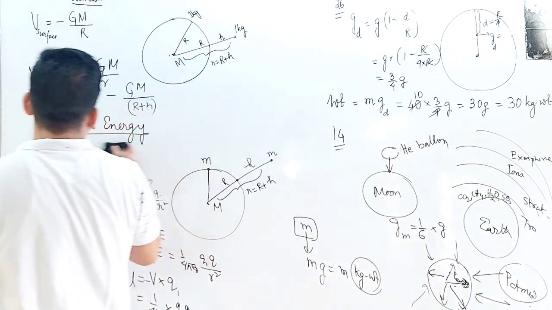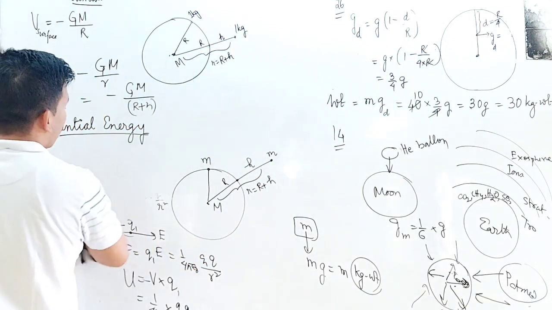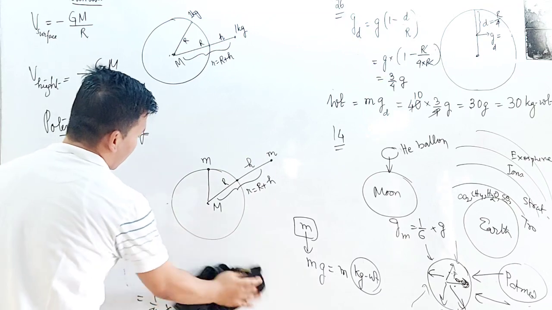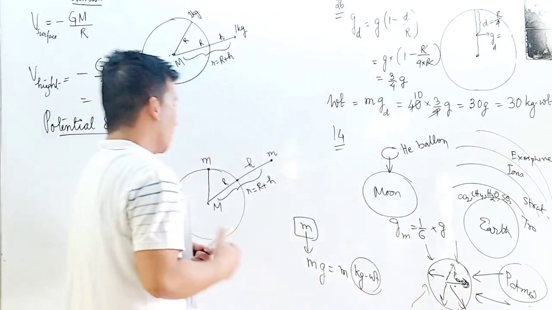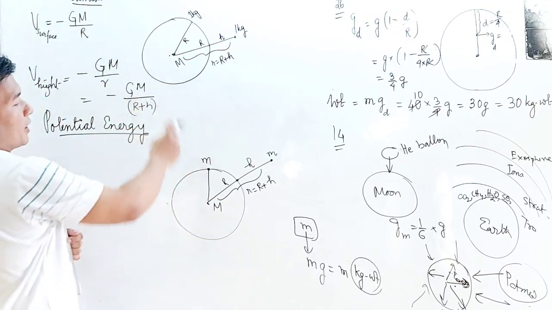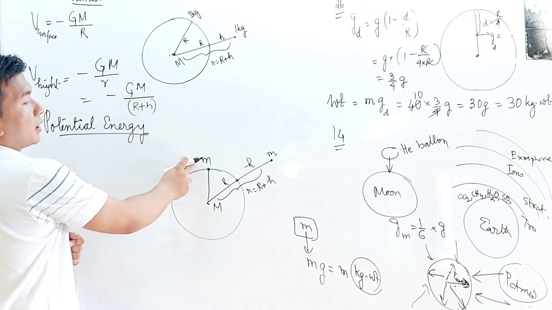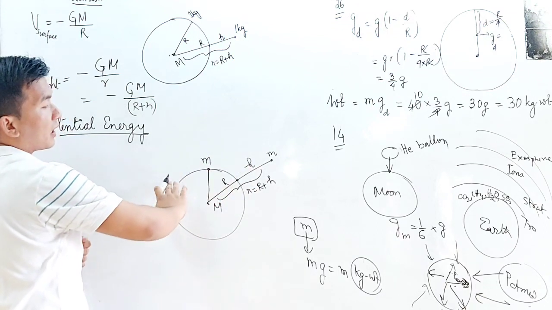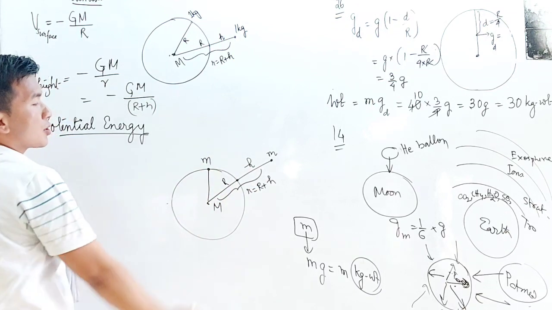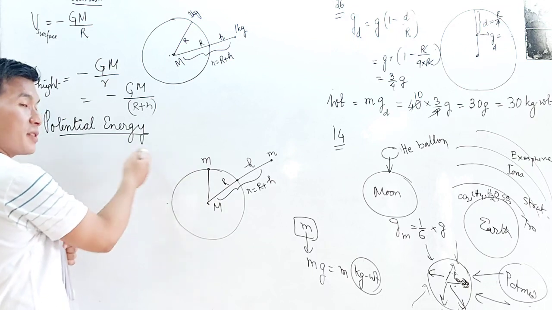Now let us discuss the potential energy. Potential energy we discussed already. Instead of 1 kg, now we consider a mass small m placed on the surface of the earth. What will be the potential energy?